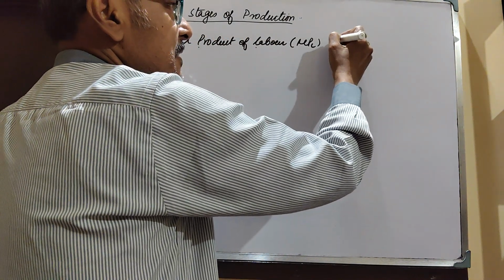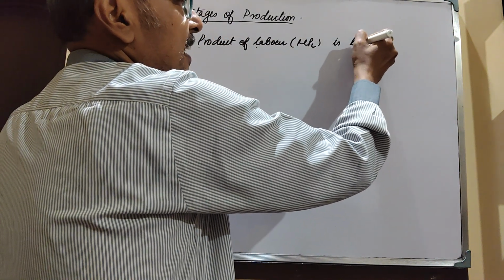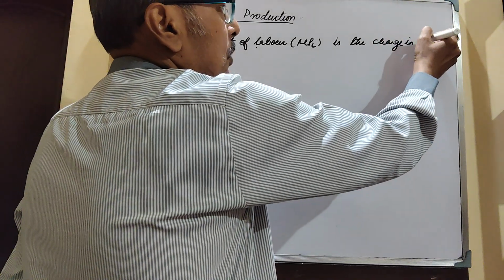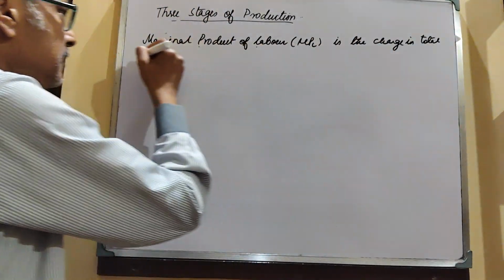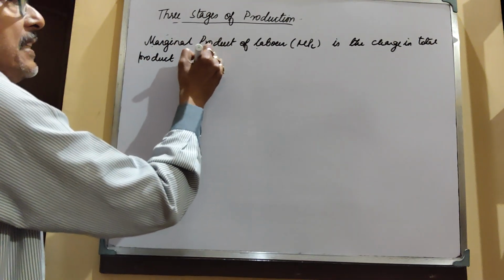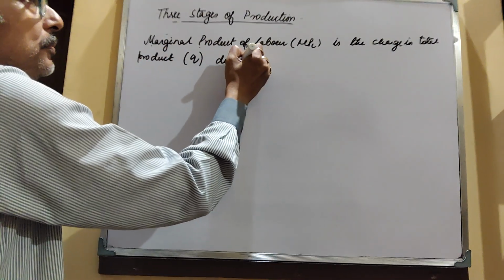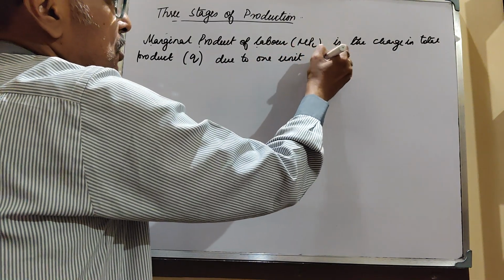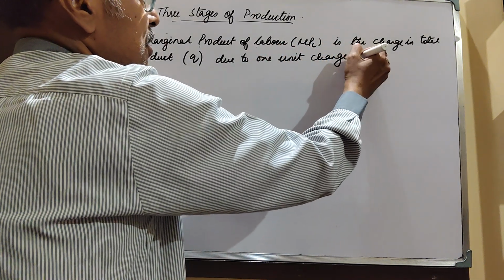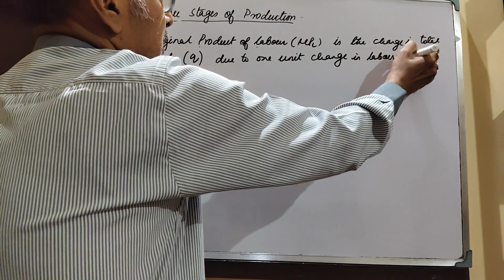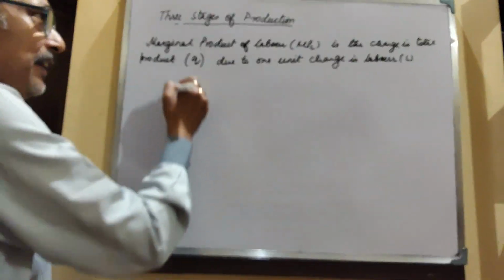Marginal product is the change in total product, that is Q, due to one unit change in labor. It is the first order derivative.